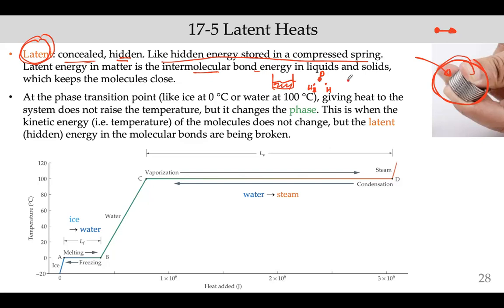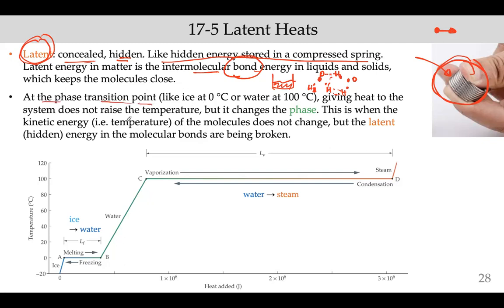All of these water molecules have oxygen, hydrogen, hydrogen. These hydrogens are attracted to other molecules, so they form hydrogen bonds. So there are some bonds between molecules. In the case of ice, of course, it's already solid. There are also attractions between the bonds. So the chemical bond energy is basically the latent energy.